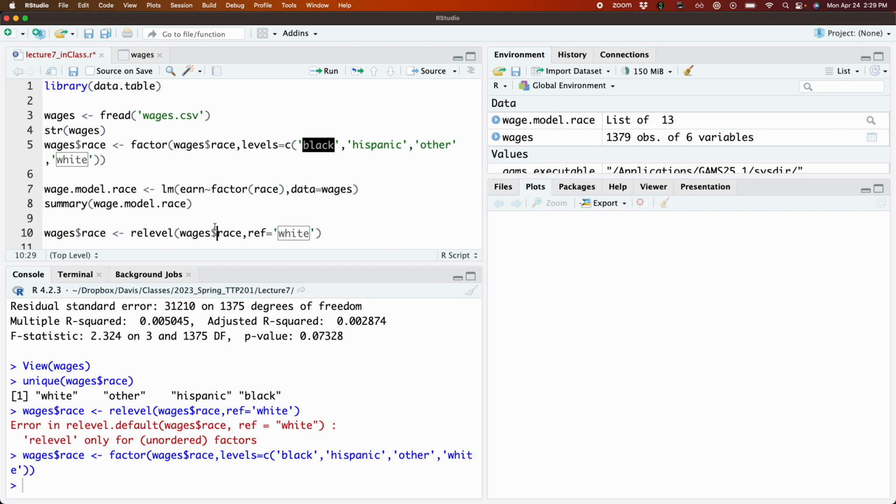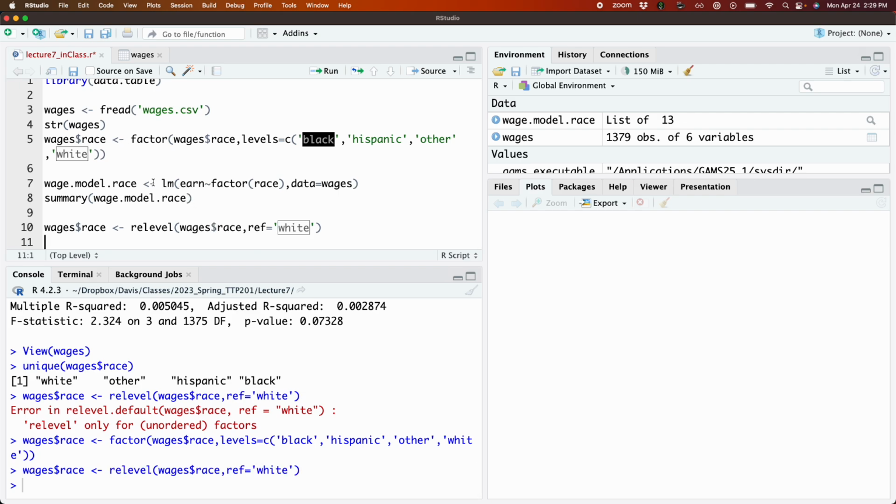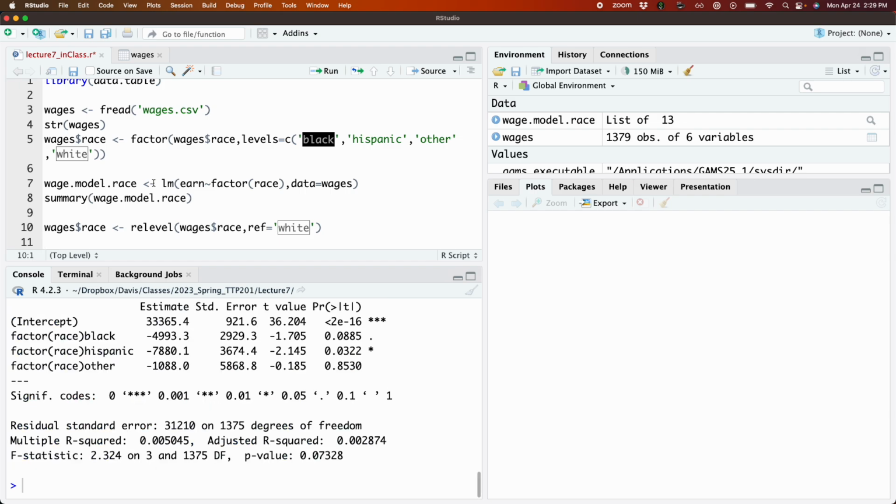And then if I wanted to change it, I would do this. Okay, and so if I run this regression again, now you'll see that this number changes. And now it's at 33,000, and the rest of these are negative. So what's going on with the rest of these?